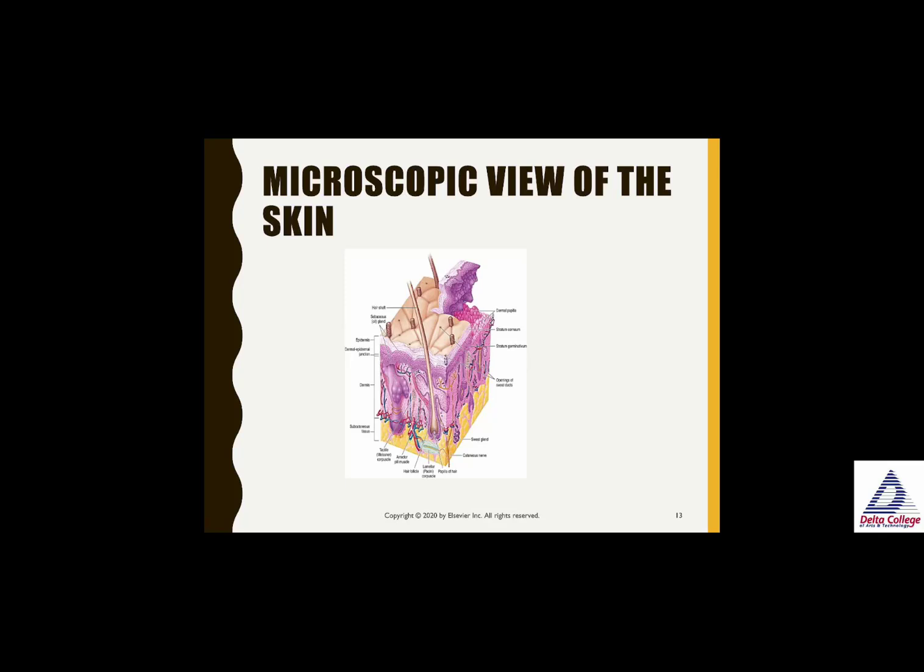It is thicker than the epidermis, and it is made up mostly of connective tissue. It also has a lot of other things that you can see going on. You can see the oil glands. You can see where we have our hairs coming up through the dermis.